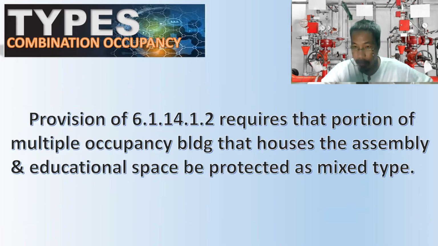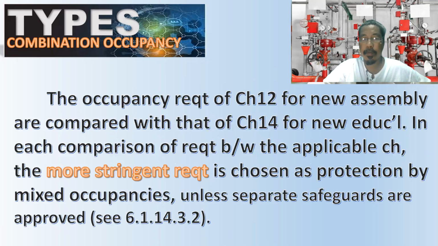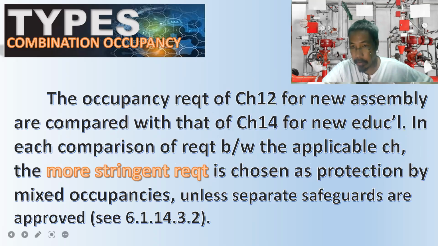That is what we mean by the step process of satisfying the provision. So mixed type. For every mixed type, you have to compare the requirement of the different types of occupancy and use the more stringent.